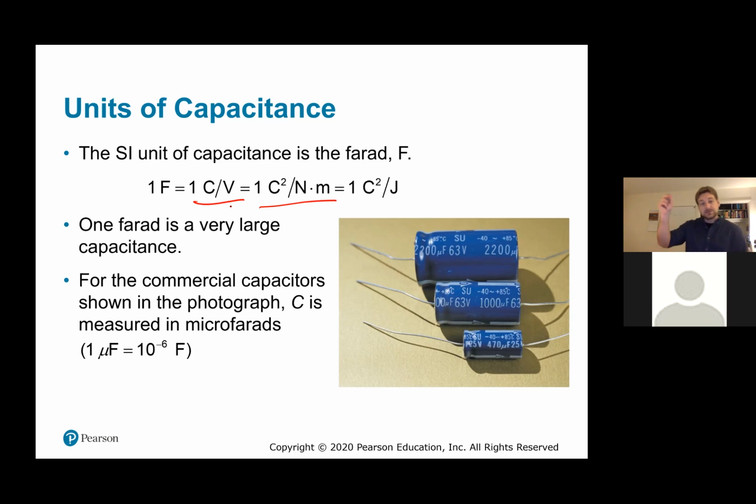We end up with coulomb squared per newton meters, but newton meters are joules. So we have a handful of different ways to talk about capacitance, and the last one is the defined unit named after Michael Faraday, the farad. We'll use the symbol F, the unit of capacitance.